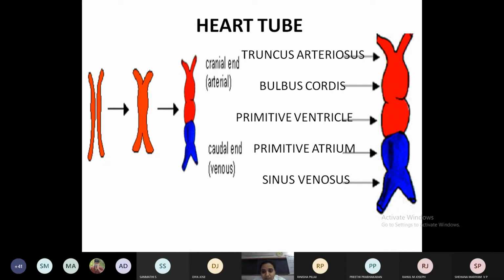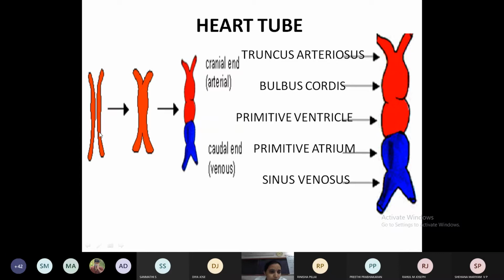The mesoderm in the cardiogenic area differentiates and forms the endothelial cords. Cords don't have a lumen. There are two endothelial cords.